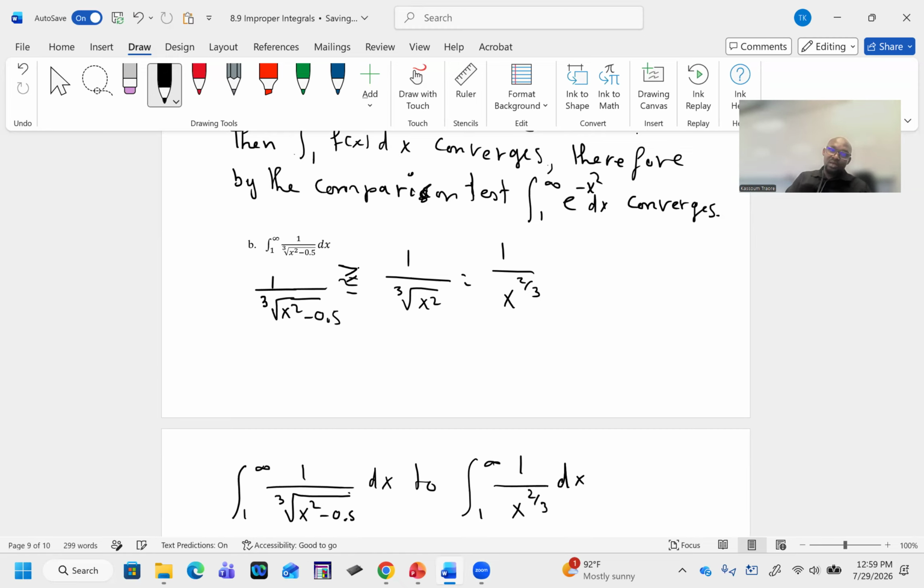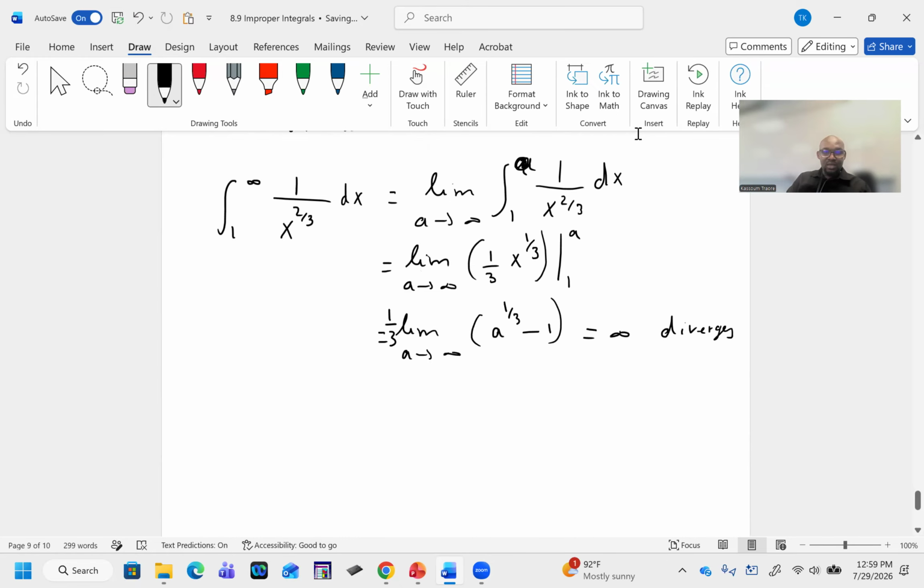So if I make this one g of x and the other f of x, we know 1 divided by cube root of x squared minus 0.5 is greater than or equal to 1 divided by x to the power of 2/3, right?